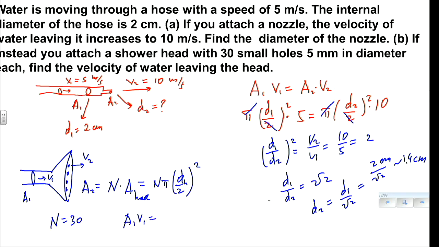A1 V1 should be equal to n times pi diameter of a single hole over 2 squared times V2, and solve it for the speed wherever it is. It's a very straightforward calculation usually. So you just need to keep in mind the area open, available to fluid should be a part of the consideration.